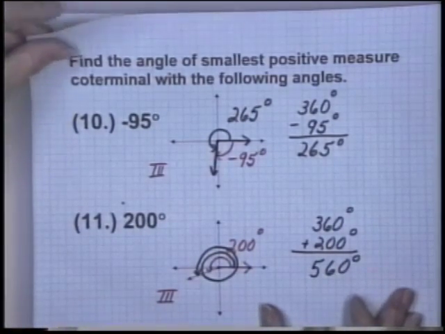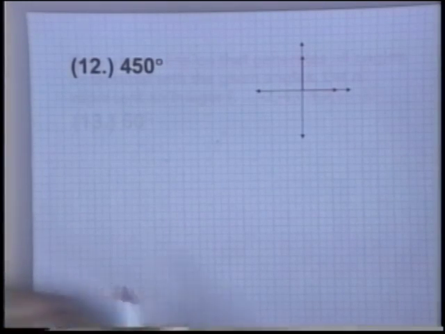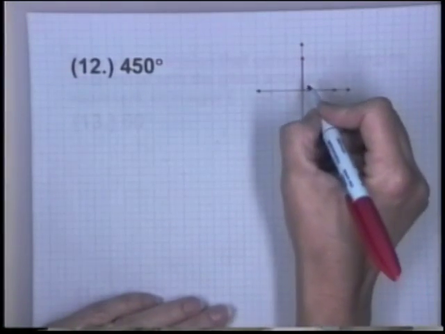Let's look at one more. 450 degrees, and we want to find the smallest positive coterminal angle with 450 degrees.